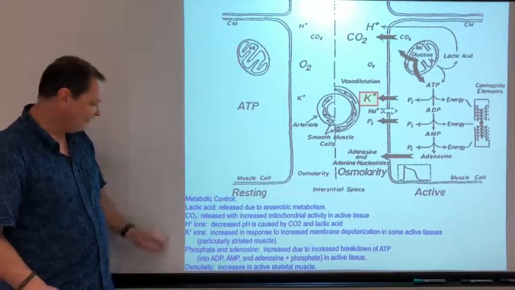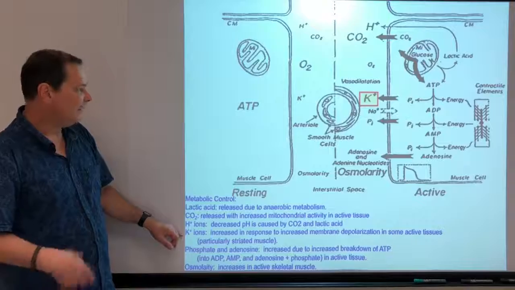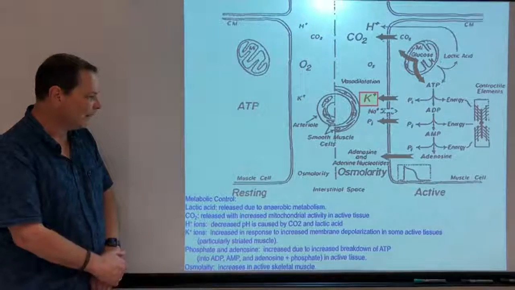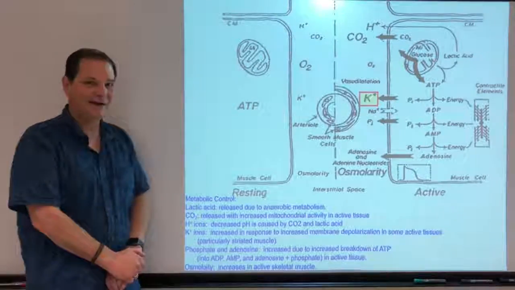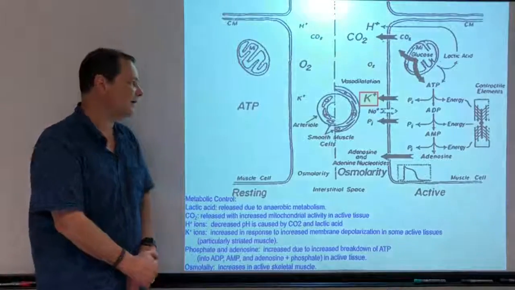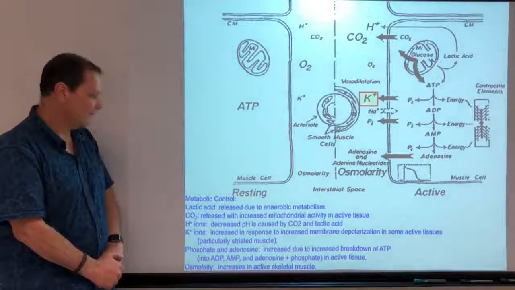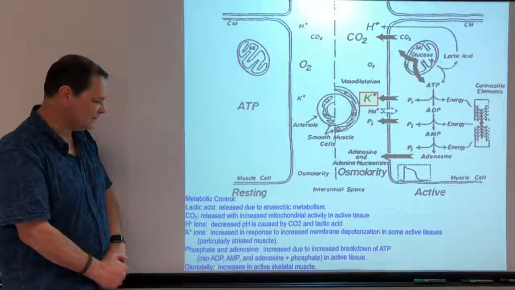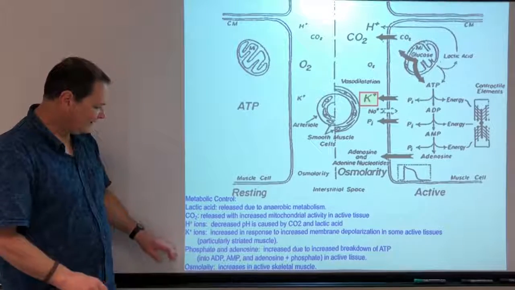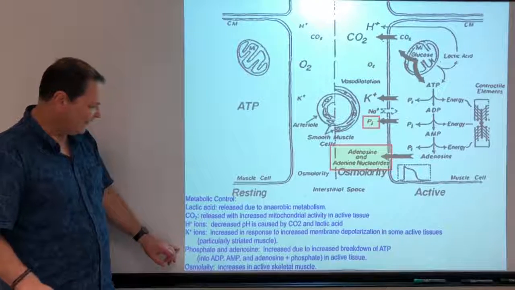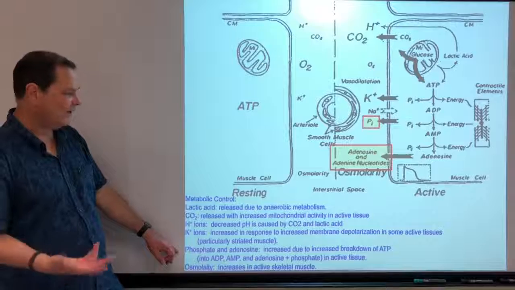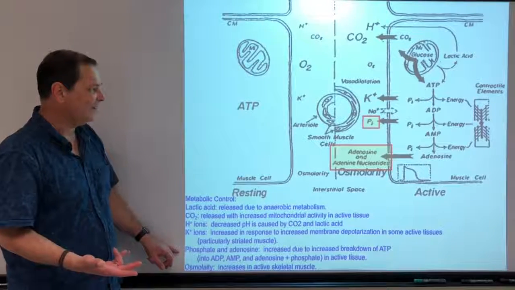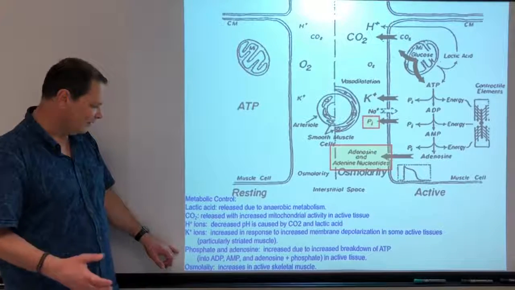We have potassium ions here. If they're increased, a lot of times in active tissue, you'll find more potassium ions outside the cell. We'll talk about why that will be when we get to the action potential in more detail. That can be a vasodilator. Phosphate and adenosine, these are metabolites, products of ATP breakdown.